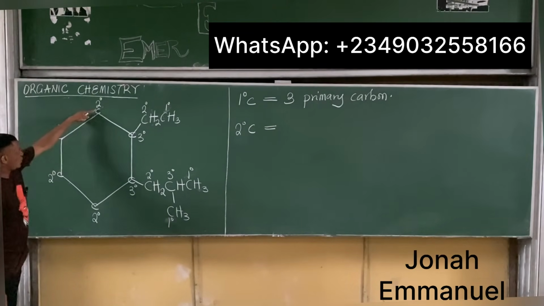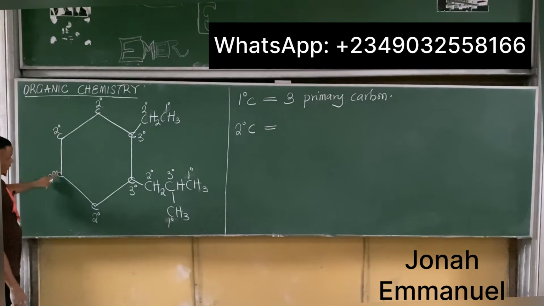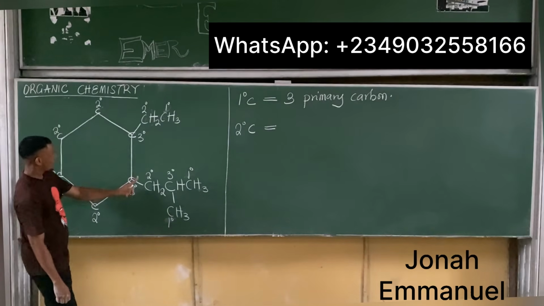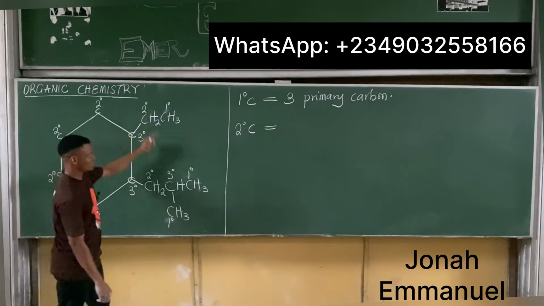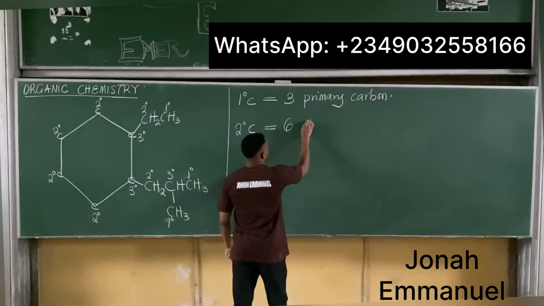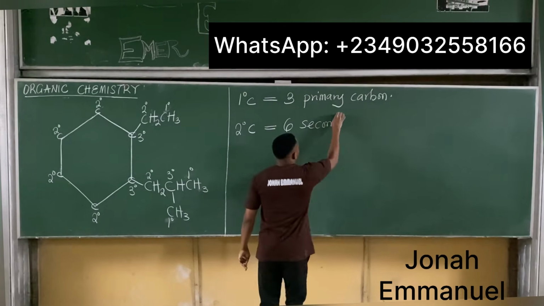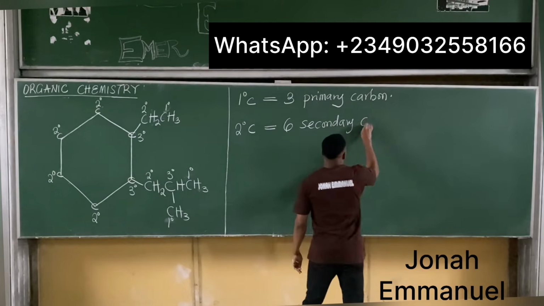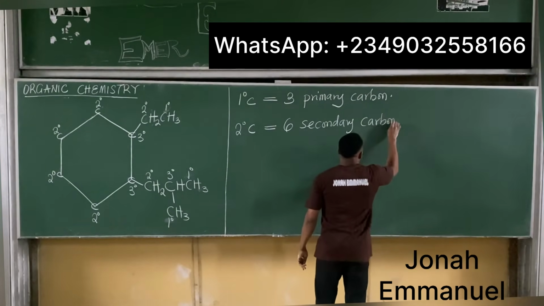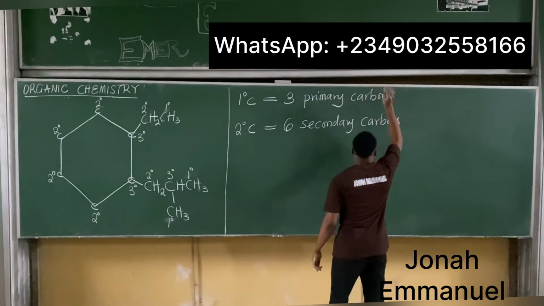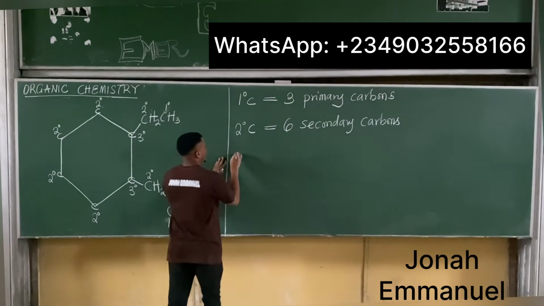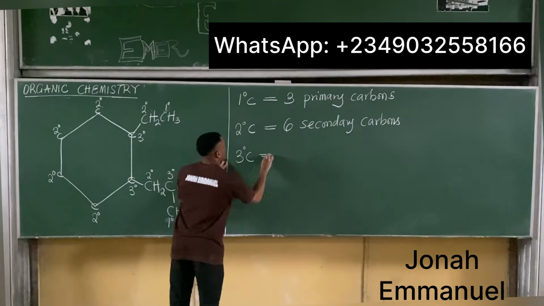All right. So count the secondary. How many? One, two, three, four, five, six. Six secondary carbons. Finally, tertiary carbons.